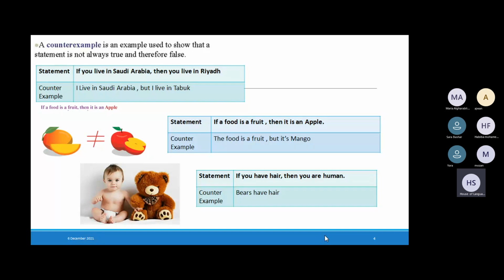No, you tell me, teacher, no, it's not necessary. Sometimes you live in Saudi Arabia, but you live in Tabuk. Another example: if a food is a fruit, then it is an apple. You tell me, teacher, no, the food is a fruit, but it's not an apple, it's a mango. Yes, bravo. But if you change it, like if you have an apple, then it must be a fruit. It cannot be a vegetable.